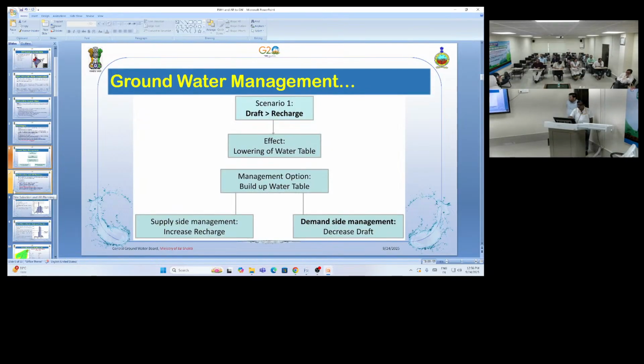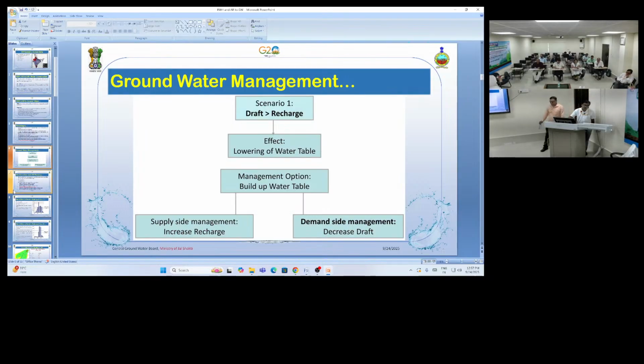Here I am talking about one scenario: draft, or presently we generally say extraction. If extraction is greater than recharge, what situation will come up? Lowering of water level. What will be the management option? Supply side management, that is, increase recharge, or demand side management, decrease the extraction.